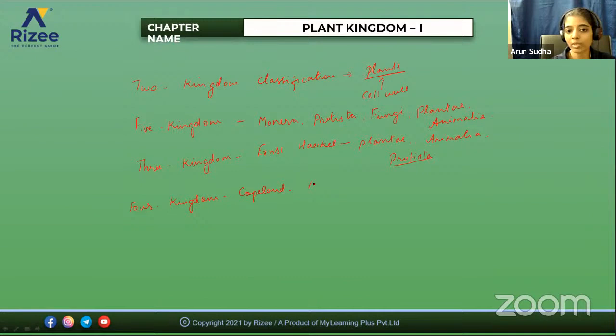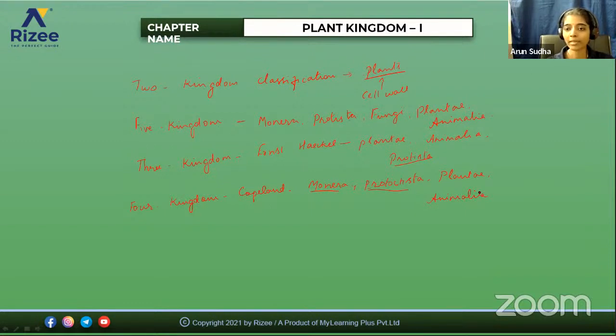He classified a separate kingdom, Monera, which included all Archaebacteria and the Eubacteria, and then Protista, and he called it Protoctista, which included all the unicellular eukaryotes, and also he placed algae under Protoctista, and Plantae and Animalia. So actually different scientists classified it in different ways.